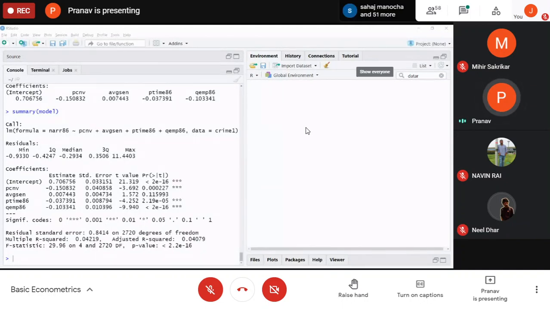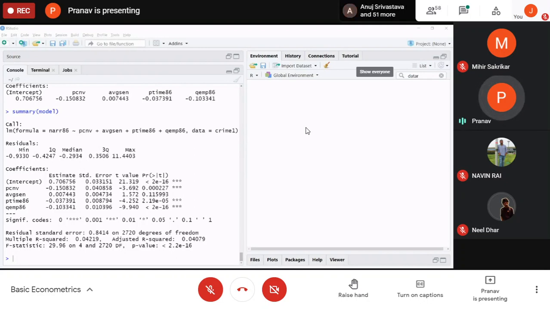What I mainly want to talk about here is that, if you don't want to do the exercises of Wooldridge, and let's say you have some sort of data set on your laptop or desktop, there are codes through which you can load your own data set and perform your own regression exercises so that you get more and more confidence.